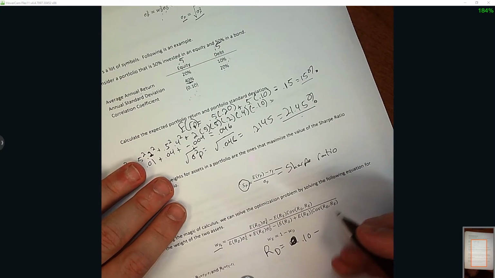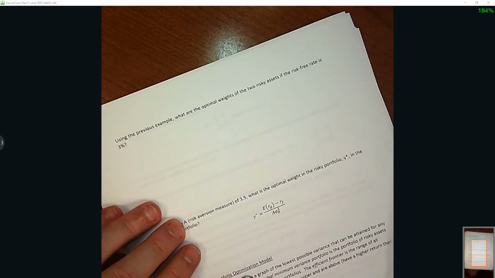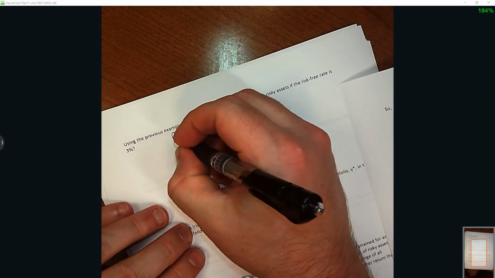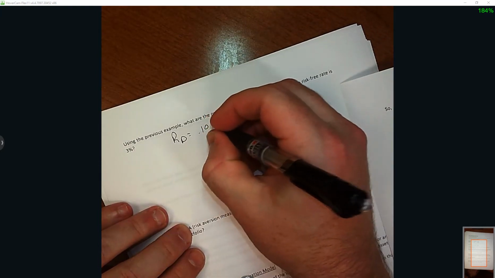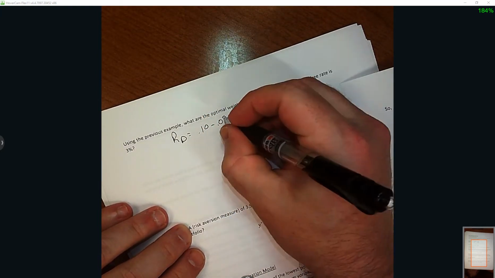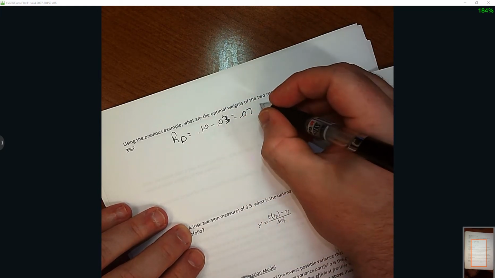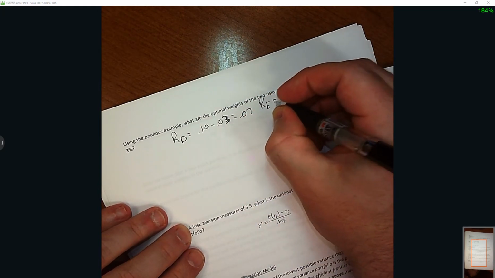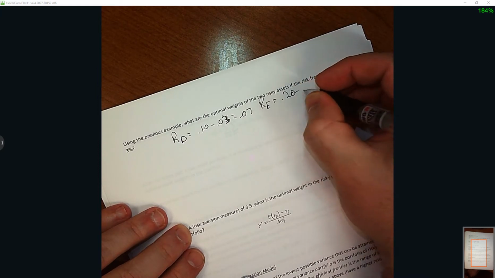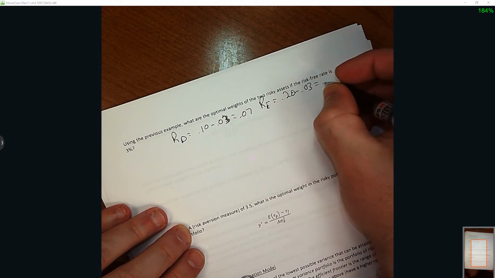So I'll go ahead and move that over to this next page. So capital R sub D is equal to 0.10 minus 0.03, which is equal to 0.07. And then capital R sub E is equal to 0.20 minus 0.03 is equal to 0.17.